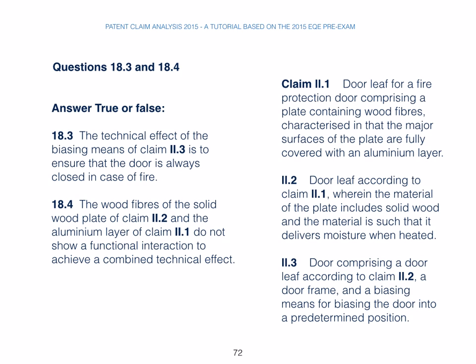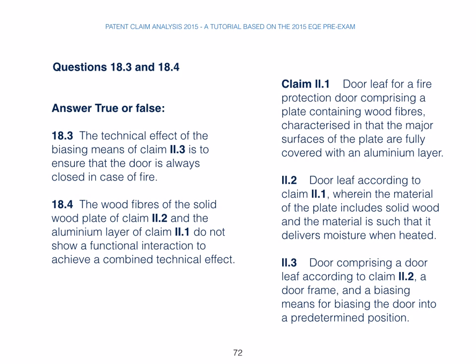But the technical effect of the biasing means of claim 2.3, notice that biasing means for biasing the door into a predetermined position. Does this ensure that the door is always closed in case of fire? That's 18.3.